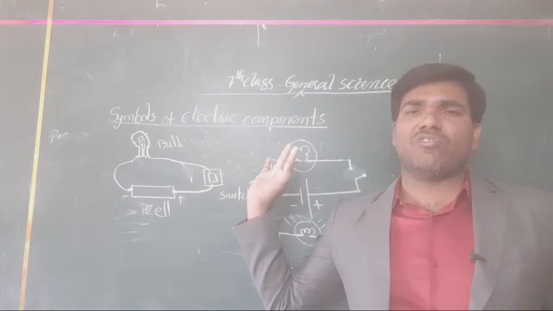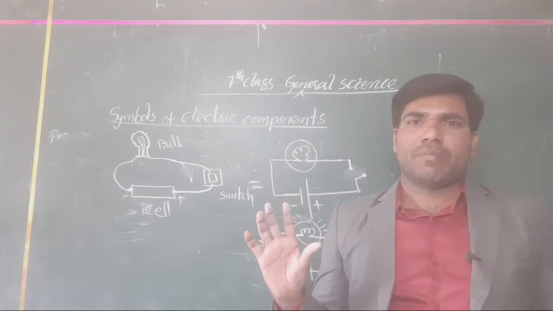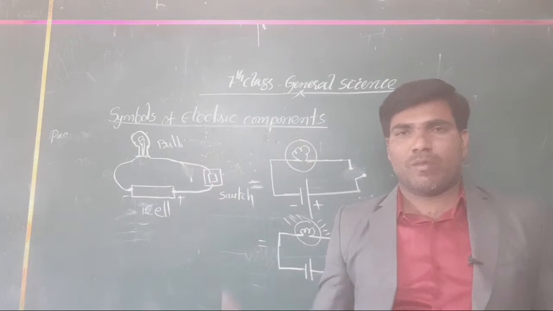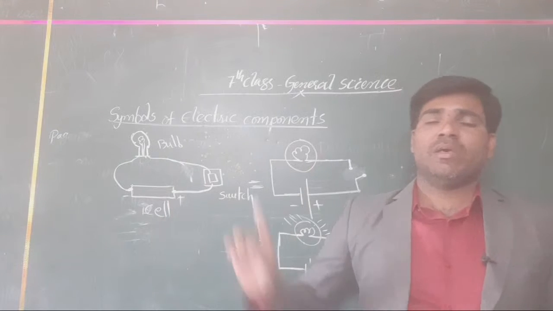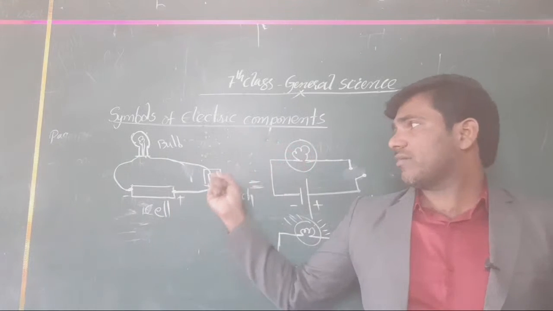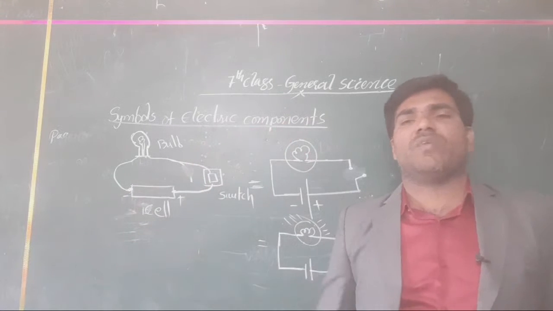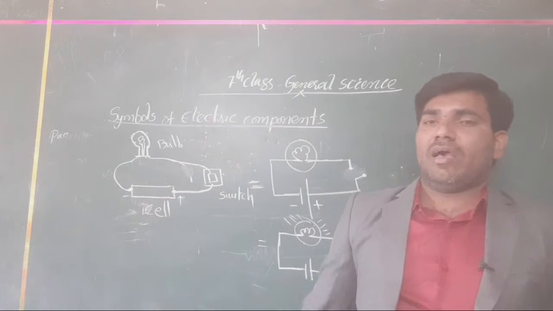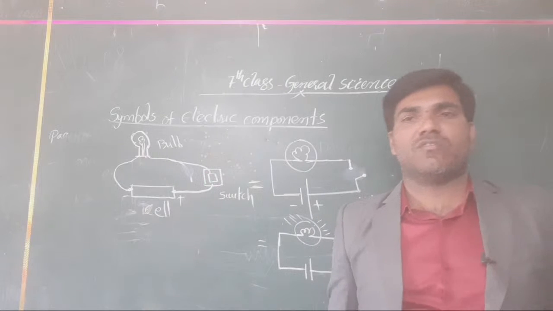Whatever the biggest or smallest circuit, compulsorily they contain these three things: a source of electricity, a connector of electricity, and a consumer of electricity. The source of electricity is a cell, the consumer is a bulb, and the connector is a switch.